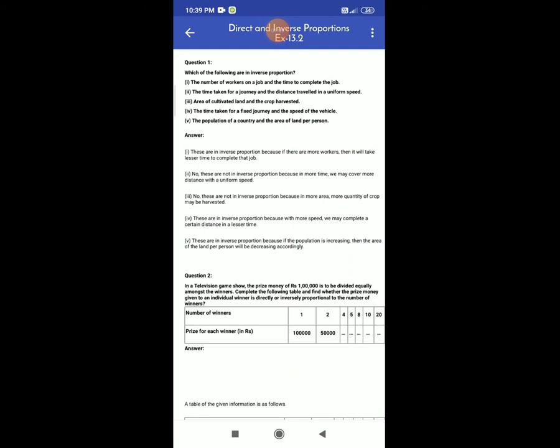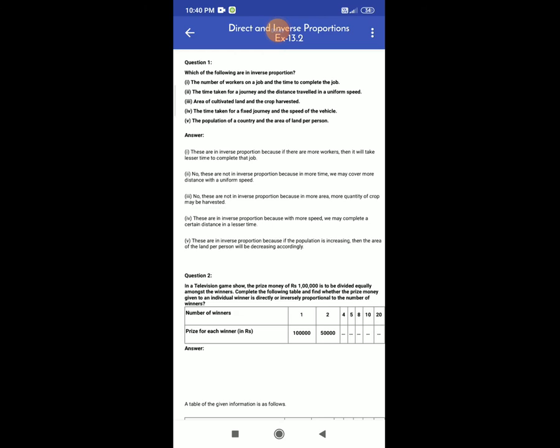पहले केस में these are in inverse proportion, the number of workers on a job and the time to complete the job. They are in inverse proportion because if there are more workers, then it will take less time to complete the job. In the second case, the time taken for a journey and the distance traveled in uniform speed is not inverse proportion, because in more time we may cover more distance with the uniform speed.